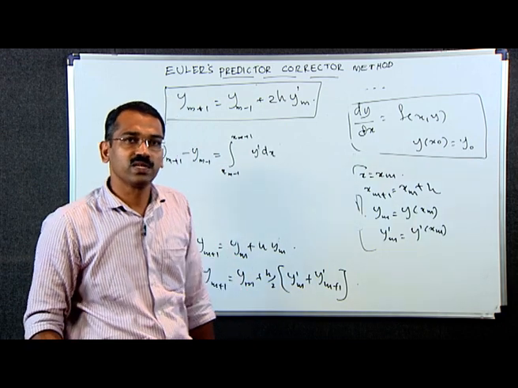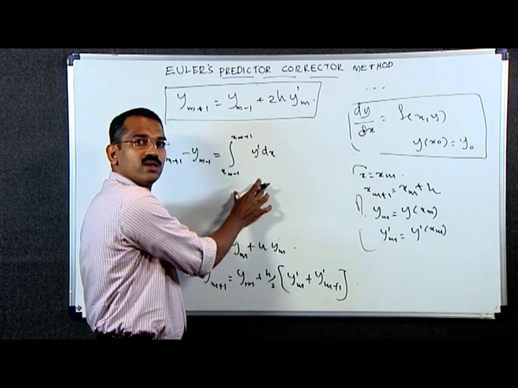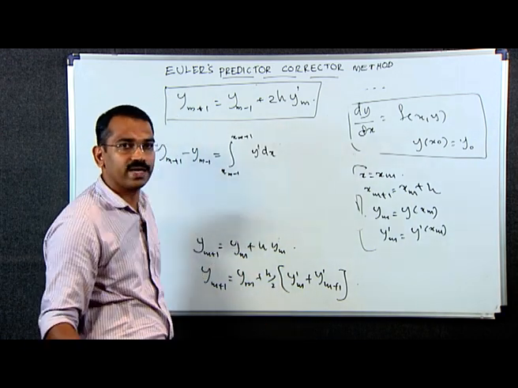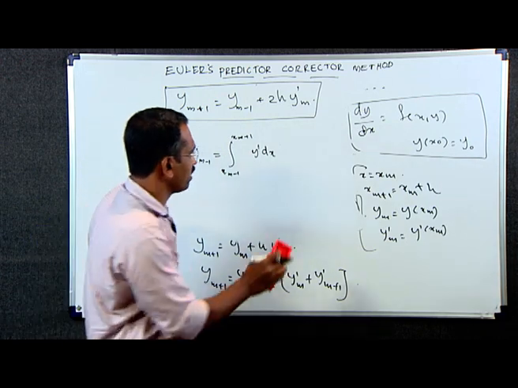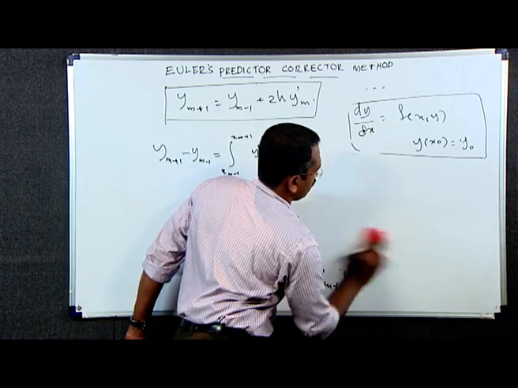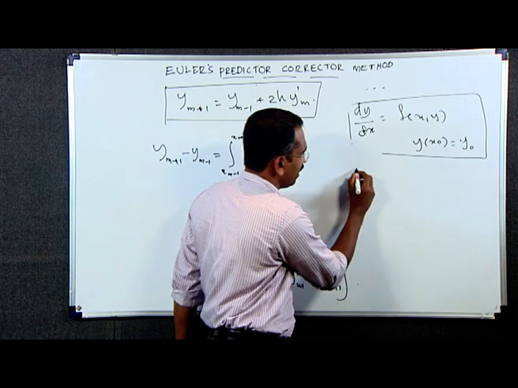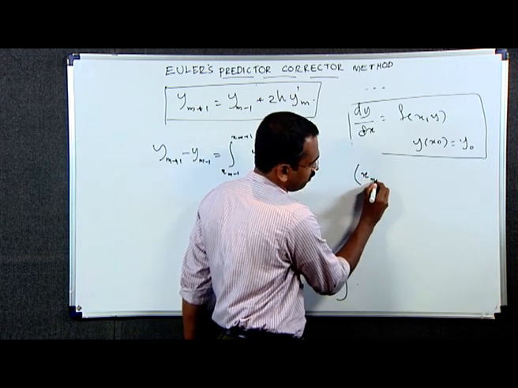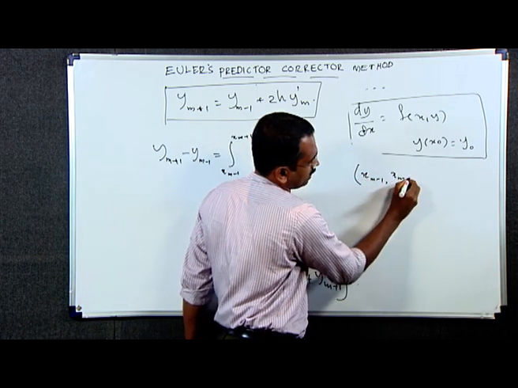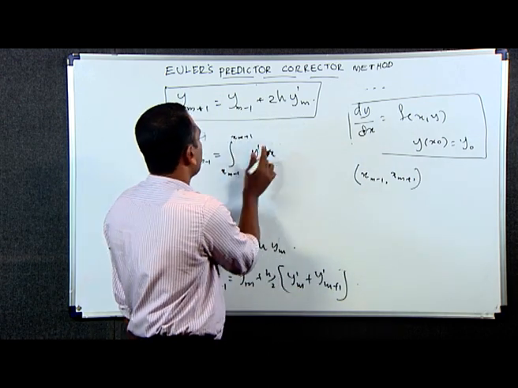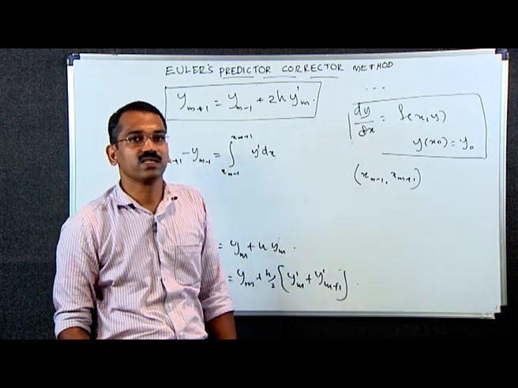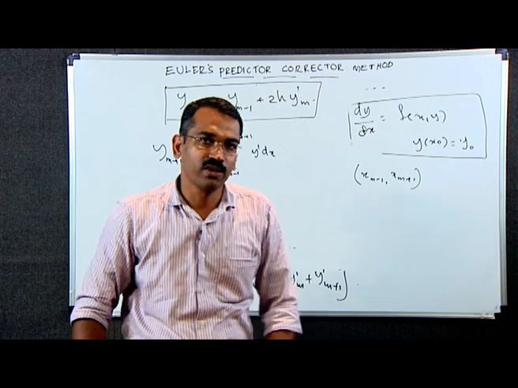y dash x may be treated as a constant in the small interval x m minus 1, x m plus 1. In this small interval, this y dash x may be treated as a constant of length 2h.